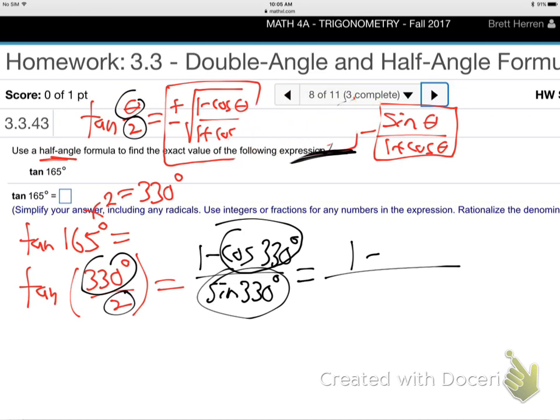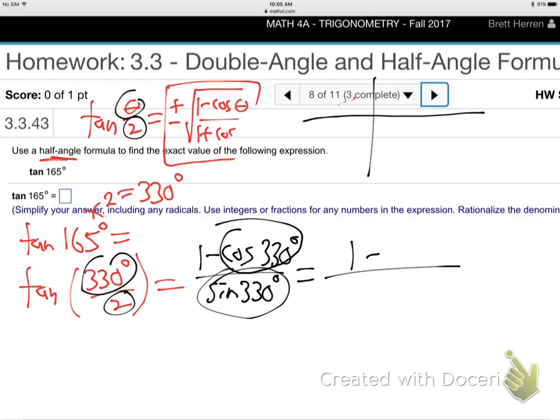I'm going to erase the formulas and do the unit circle up here. So 330 is right here, almost to 360. It's just 30 degrees away from 360. That means it's over a large amount, down a small, isn't it? It's over root 3 over 2. It's only down a half. So it's over, positive, and down, negative, if you want to do the signs right in the triangle.